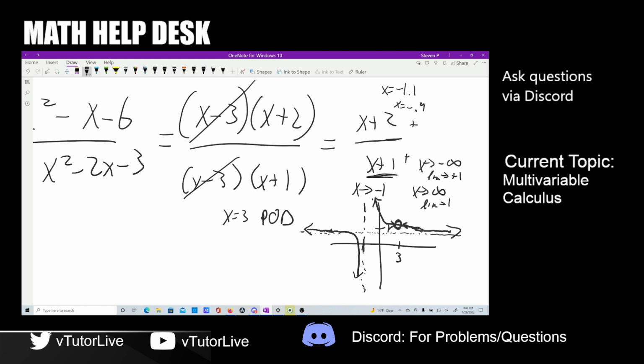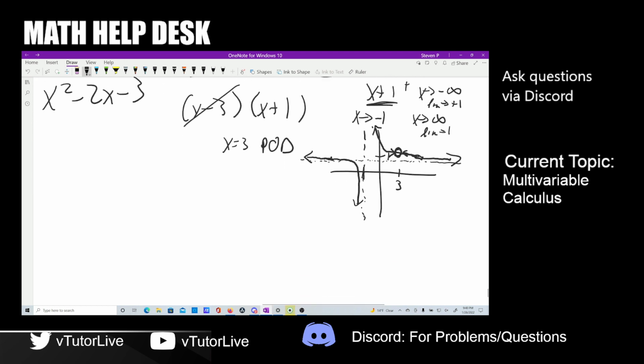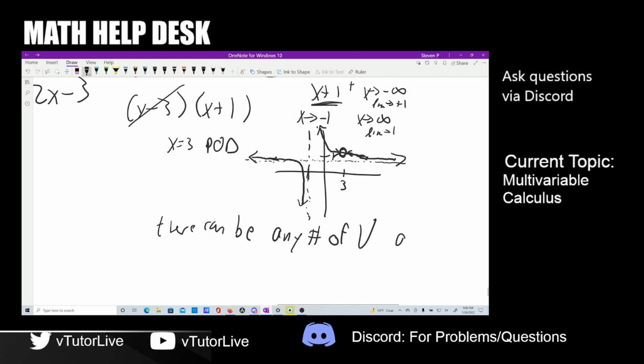I don't think so. As a rule of thumb, I think there can be any number of vertical asymptotes. It could be 0, 1, 2, 3, infinity. But I think there can only be at most 2 horizontal asymptotes, right? Can anyone find an exception to this?